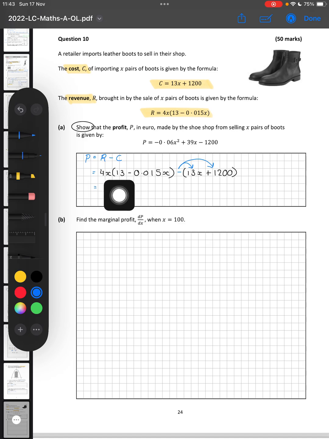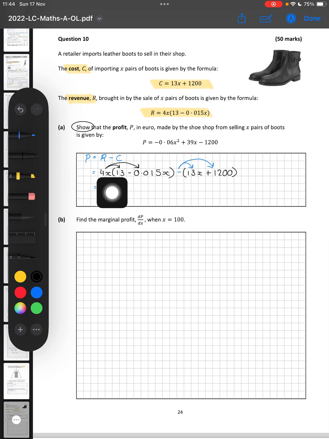So I'm going to multiply out; this bracket here has a 4x multiplying it. I'm going to multiply the 4x by the 13 and by the minus 0.015x. So I'm going to get 4x by 13, so 52x.